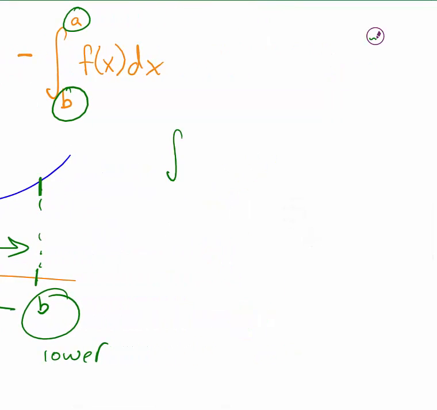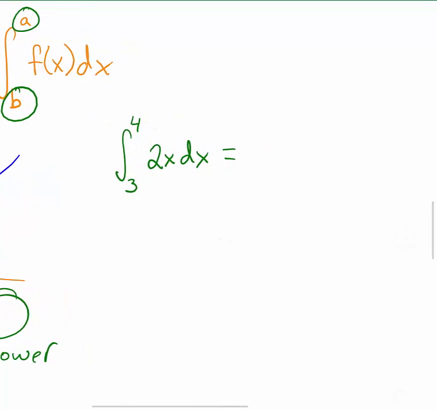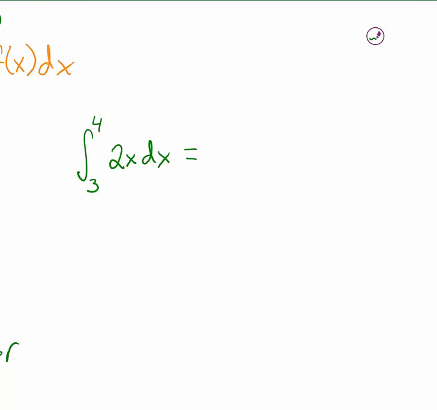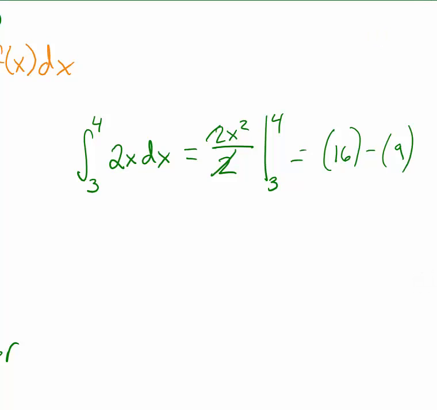So really easily, if we just did from 3 to 4 of, say, 2x dx, we'll get this integral is 2x squared over 2 from 3 to 4. The 2's cancel. And we get 16 minus 9 is equal to 7.